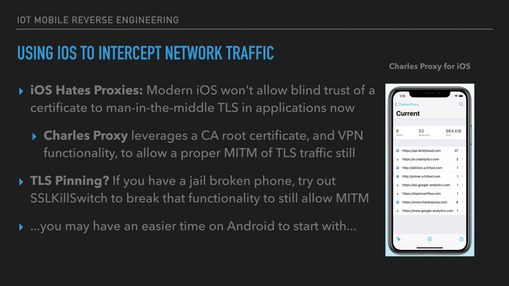You have to go through a bunch of steps to approve it because obviously you don't want to be able to do that easily. And that process will basically obviate all of this other kind of transport security methodology Apple's put into place. And then you can select which specific host names you're getting traffic for that you actually want to allow that kind of man-in-the-middle decryption of TLS.